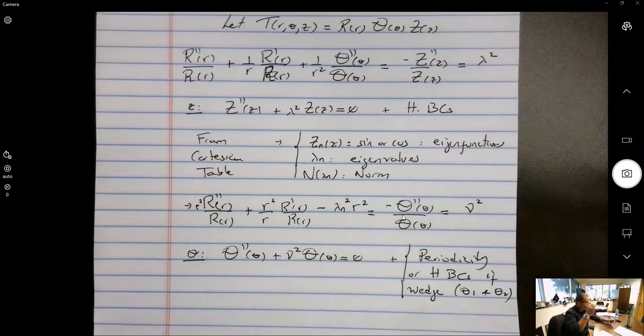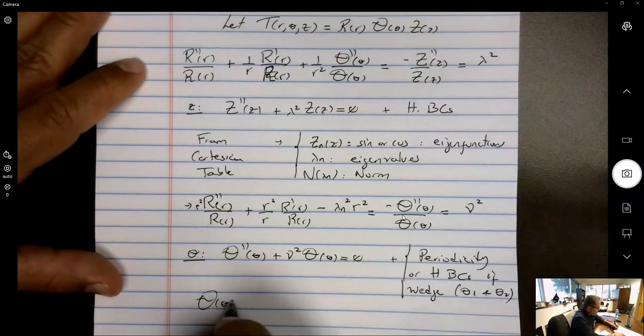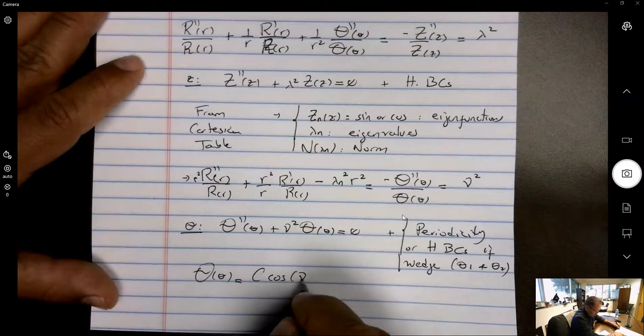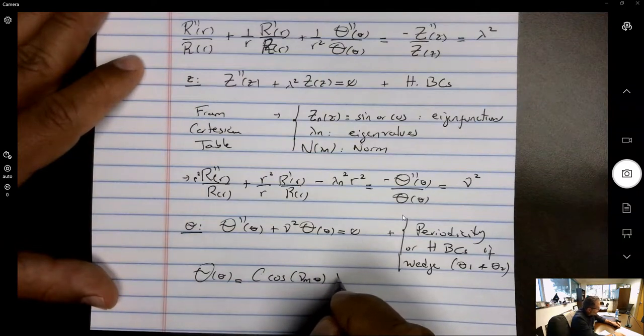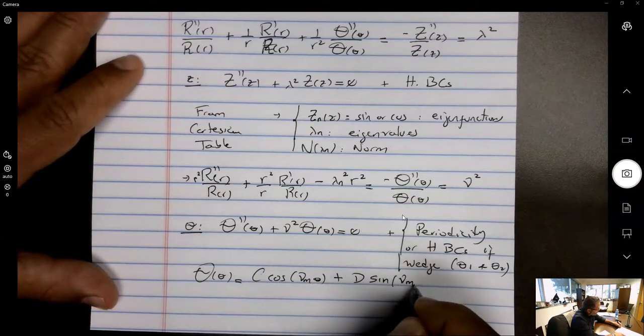If we have a wedge instead of a full circle, then we need homogeneous boundary conditions at the first end of the wedge and the second end of the wedge. I'll illustrate that in a second, towards the end. So Theta of theta is simply c times the cosine of nu_m theta plus d times the sine of nu_m theta.